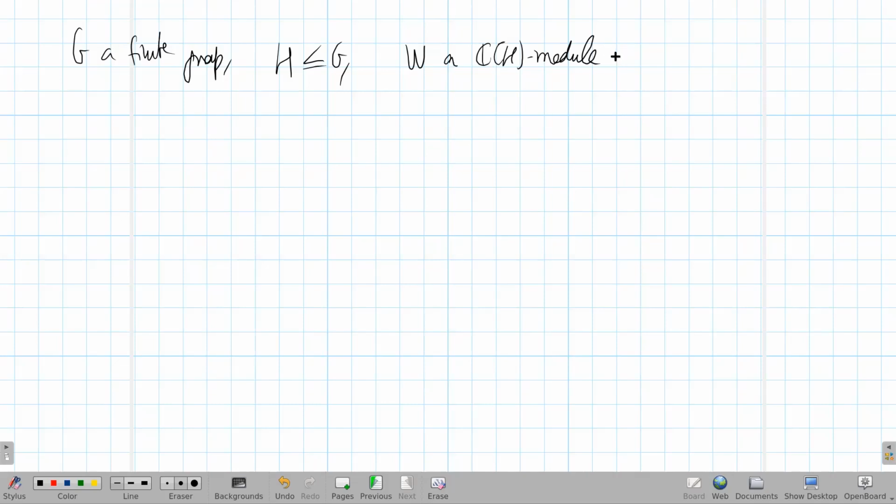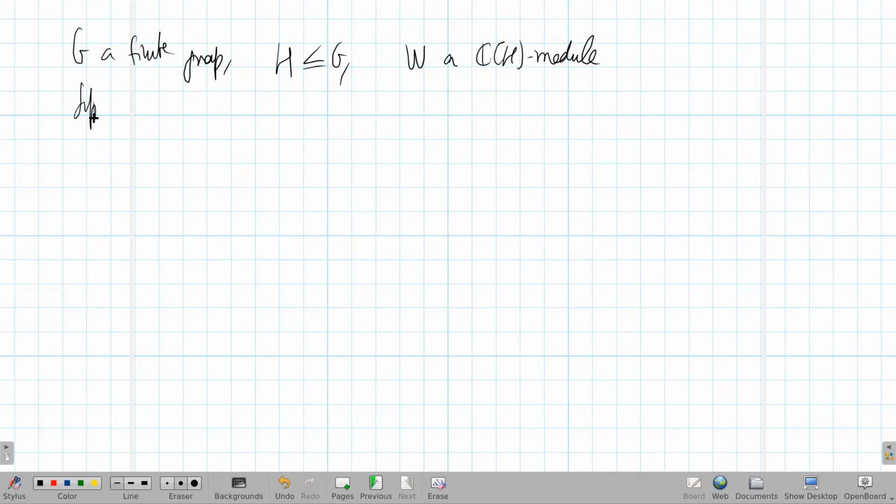So we want to obtain, in a certain universal way, a canonical way, a CG module associated to W. And then the heuristic argument is the following.